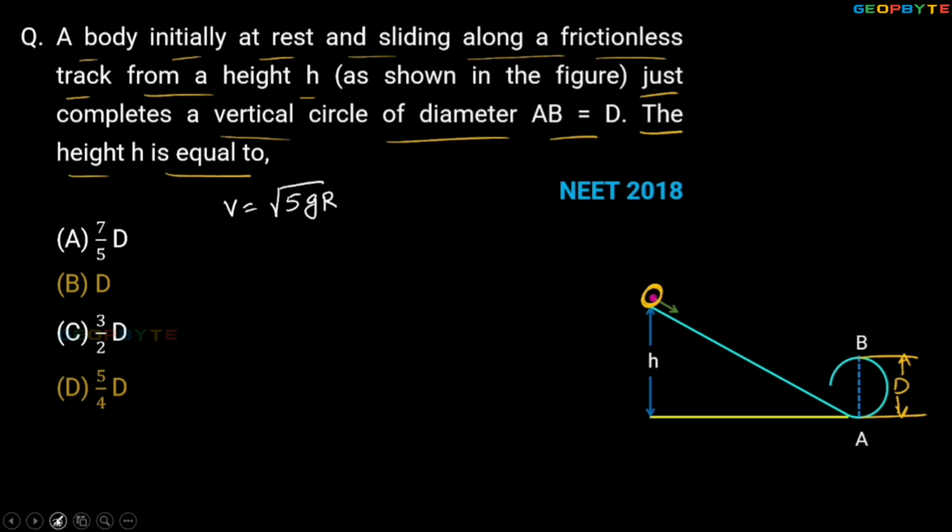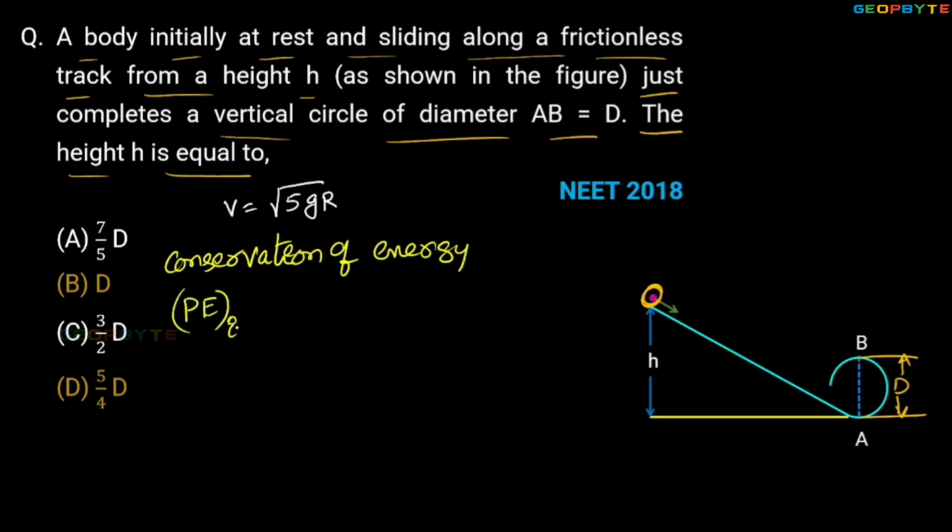Then, conservation of energy. Potential energy initially, the body is maintaining potential energy; initial must be equal to kinetic energy final. By the time it reaches the ground, it is maintaining only kinetic energy.